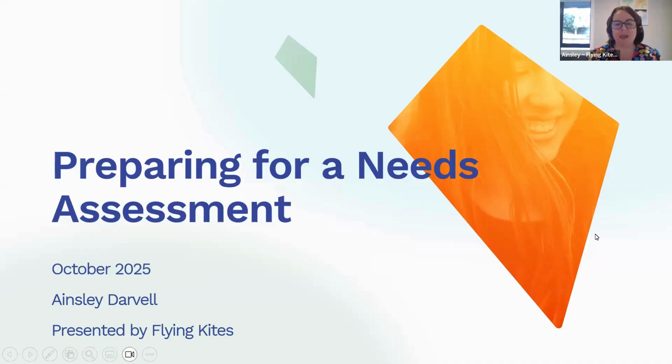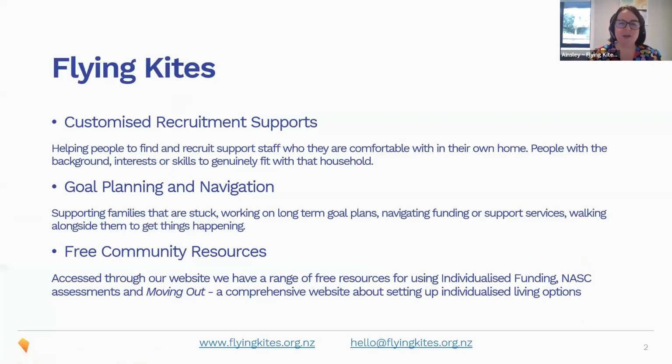If you don't know very much about Flying Kites, we are a teeny tiny organisation. We help people with recruitment. So if they're looking for support staff that genuinely connect with them, that have the skills or the interests or the approach that's needed to work in that situation, we try and do the legwork to make that as easy as possible. We also do goal planning and navigation, and often that is people who are stuck in trying to get access to the services that they need, or trying to get what they need out of the services that they've been allocated.